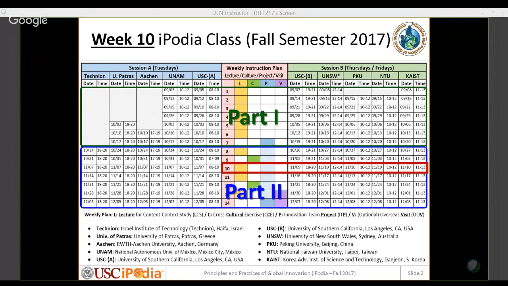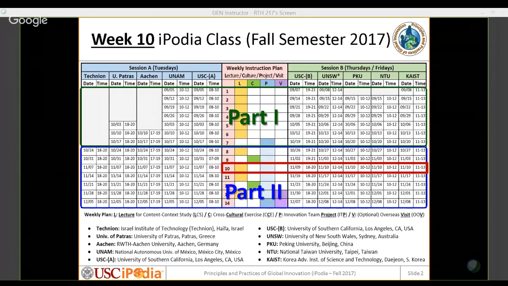So the course material can be used. If Professor Lu wishes, we could show some examples from last year. We did a very similar activity last year, but that would be up to Professor Lu and his team.